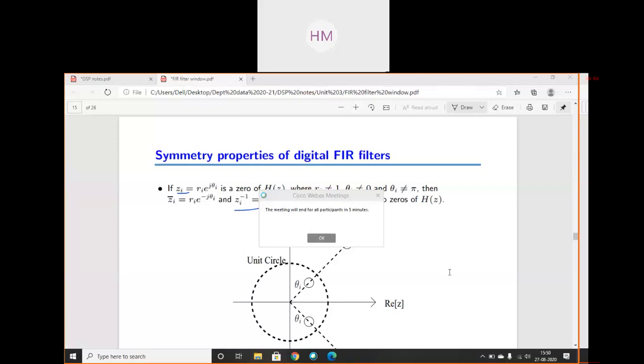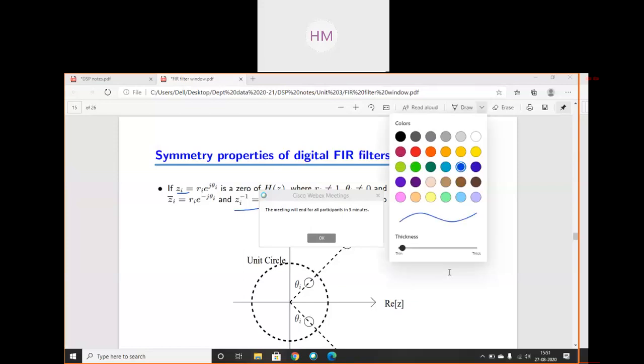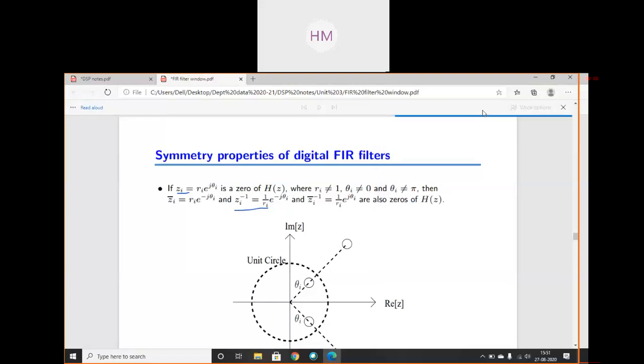I am writing t because I don't have the option to write tau, minus omega n is equal to 0. This is the equation. You have to remember this. This equation is to prove linearity, whether the FIR filter design is linear or not.